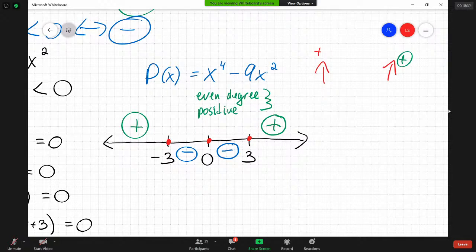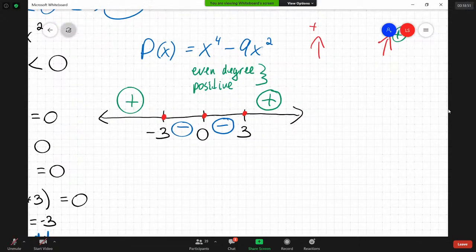Professor, I have a question. Yeah. When we say that endpoints are positive, can we just put in the endpoints as positive and everything in between negative? No, because you could have options where endpoints are positive, right?